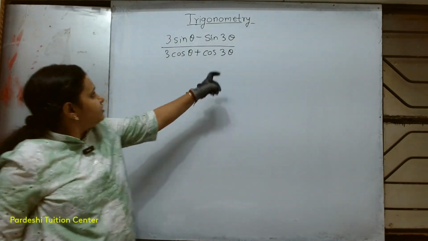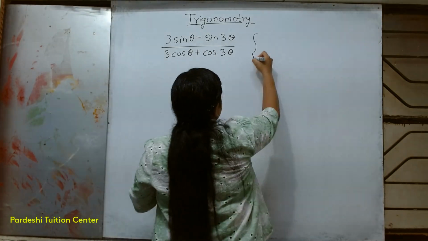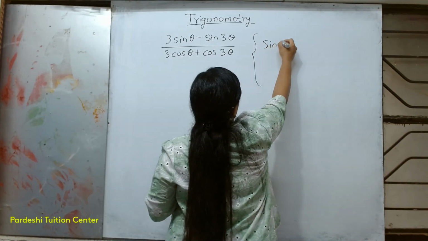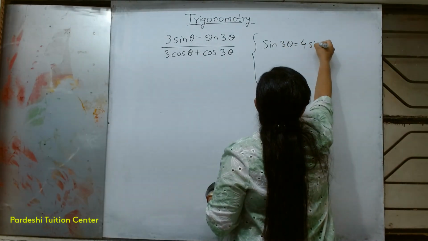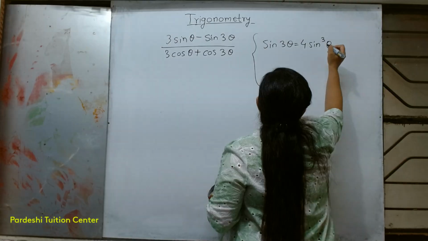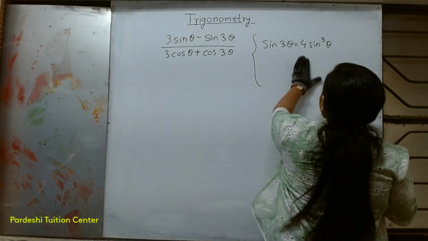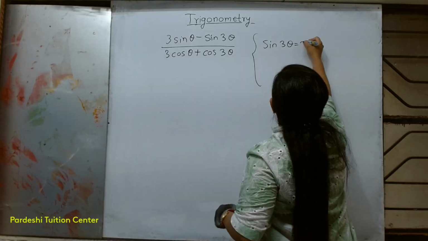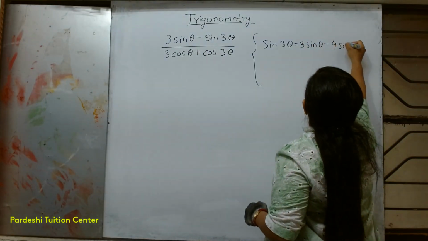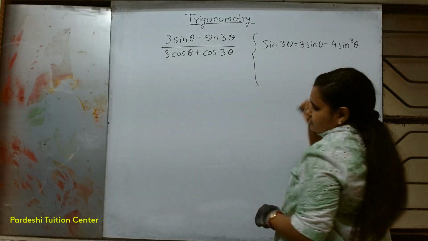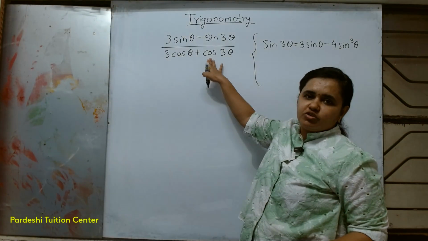Now sin 3 theta, we know the formula for sin 3 theta. What was that? Sin 3 theta was 4 sin cube theta. No, it was 3 sin theta minus 4 sin cube theta. Okay. And here it is also cos 3 theta.